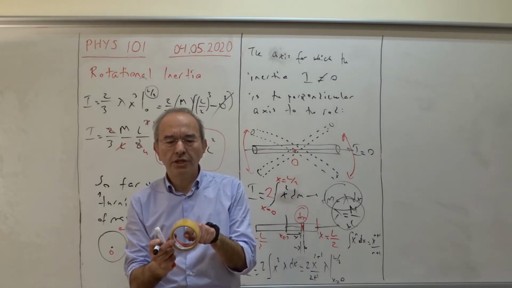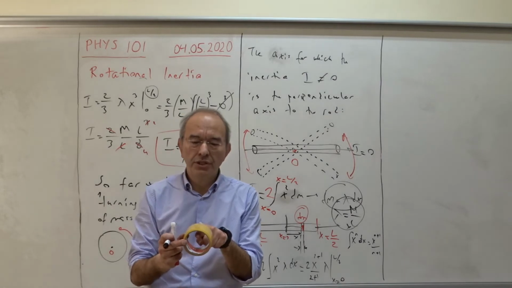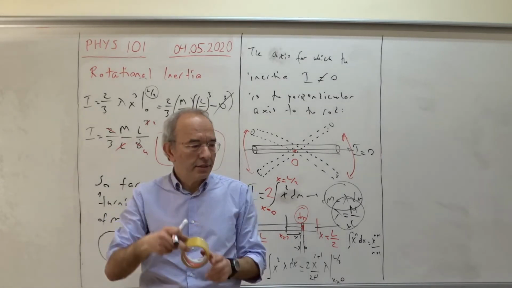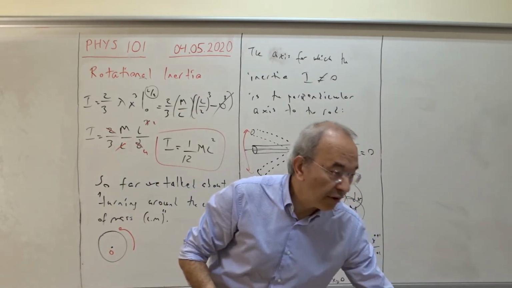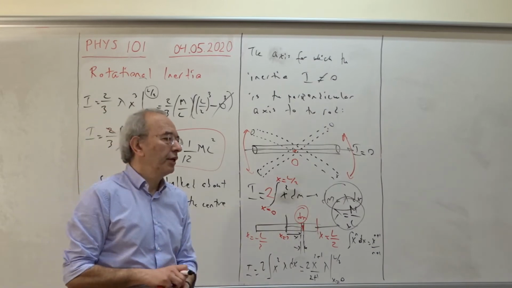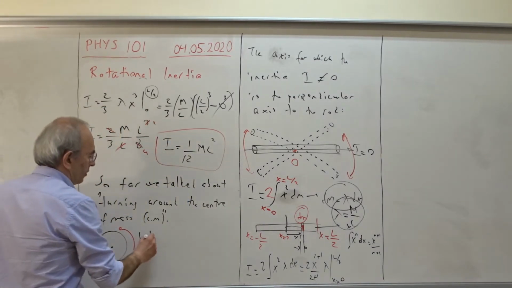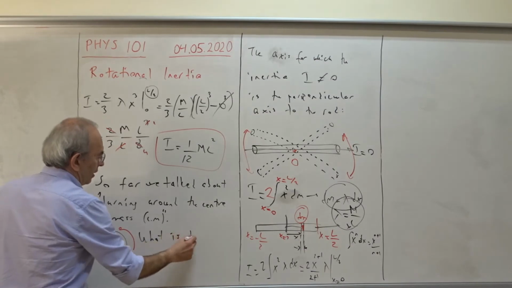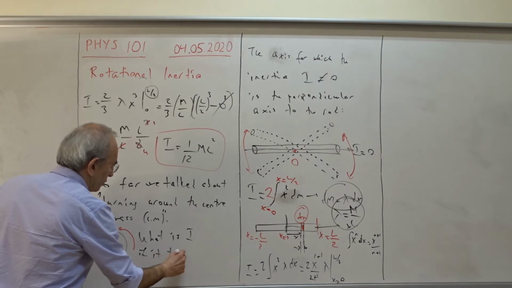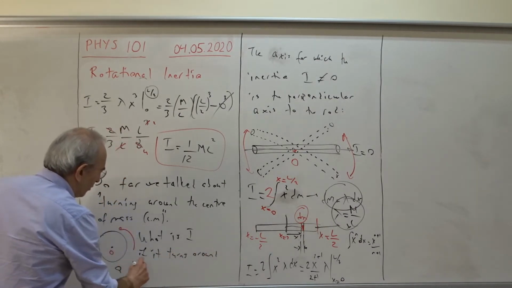The circular objects, whether it's a disk or a sphere or a spherical shell, are turning around the center of mass. What if it doesn't turn around the midpoint but somewhere else? Now we will see that important section. What is I if it turns around a different point?